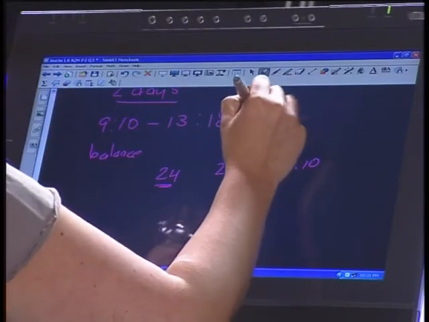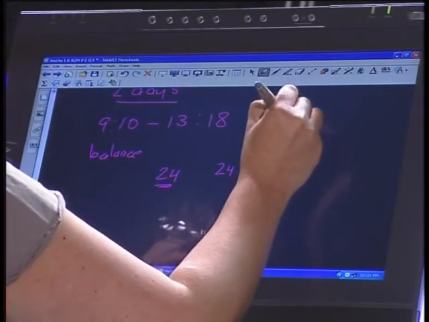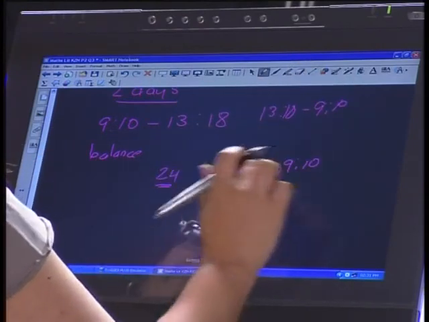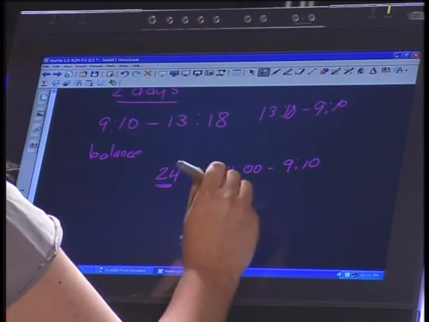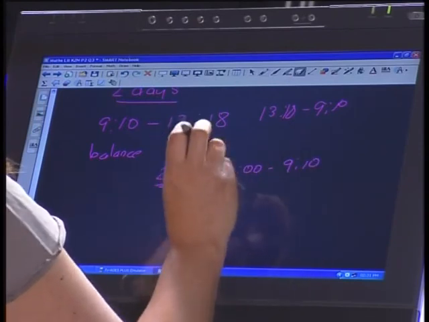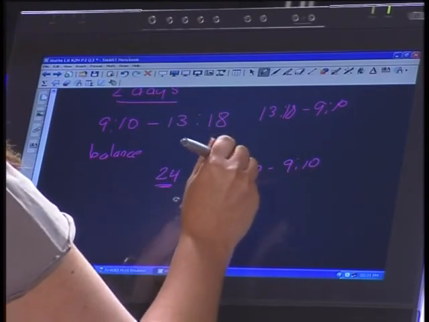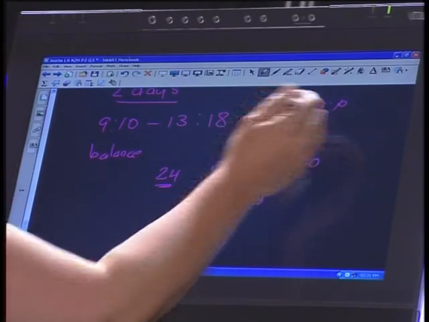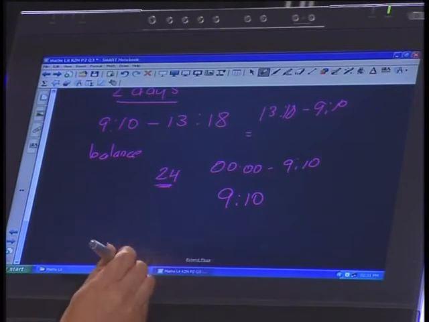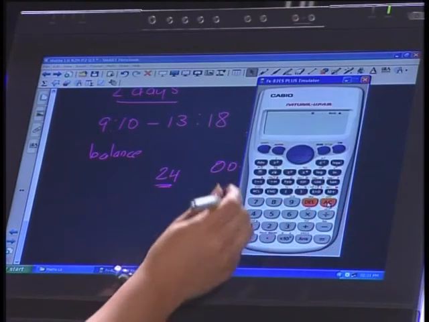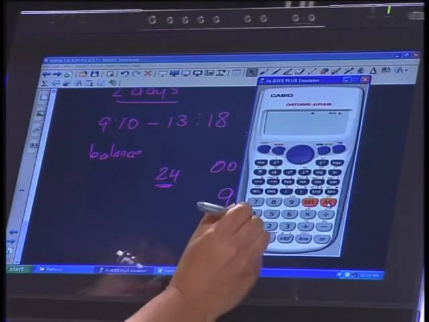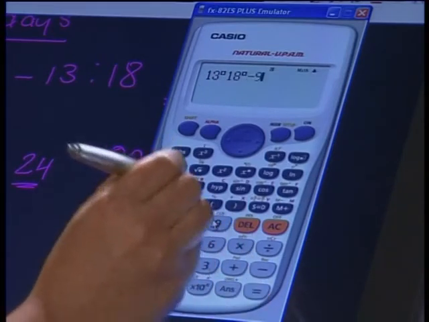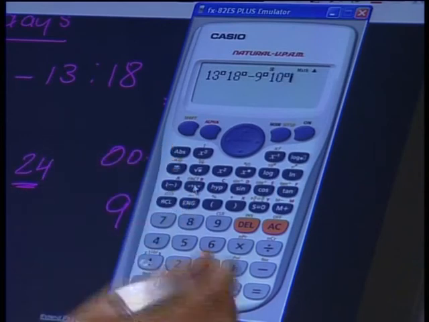So I'm first going to say, okay, I've got 13 hours and 18 minutes minus 9 hours 10, because from midnight, let's make that 0. Here I've got 9 hours 10. So I'm going to minus 9 hours 10 from that. And let's do that on the calculator. So I've got 13 hours and 18 minutes minus 9 hours and 10 minutes.